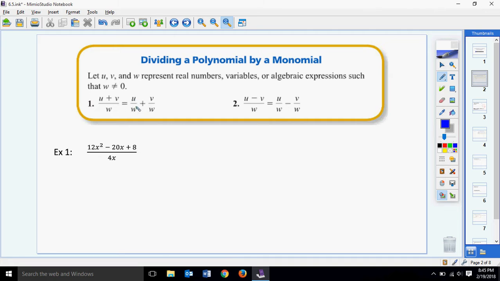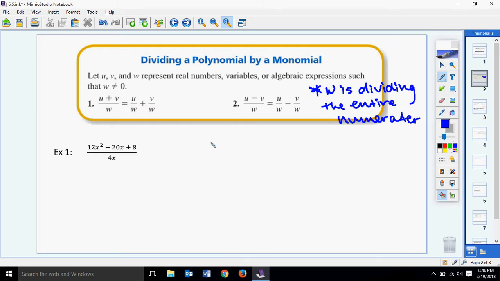So U divided by W and V divided by W added together is the exact same thing. Same thing for subtraction. So what this is really saying is that W is dividing the entire numerator. In other words, the denominator is dividing everything in the numerator.